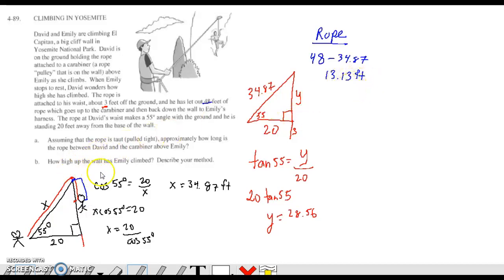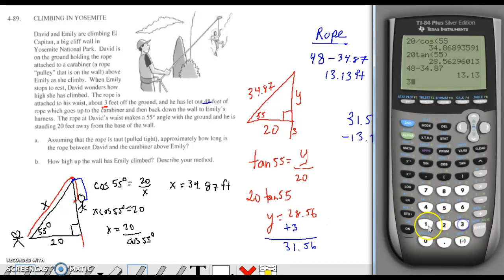So in order to find how high Emily climbed up the wall, we're going to take the whole value of the wall, right? I did not add in the plus 3, so we still have to say plus 3 down here. So that gives you 31.56. So in order to figure out Emily's height, we're going to say 31.56 minus 13.13, right?